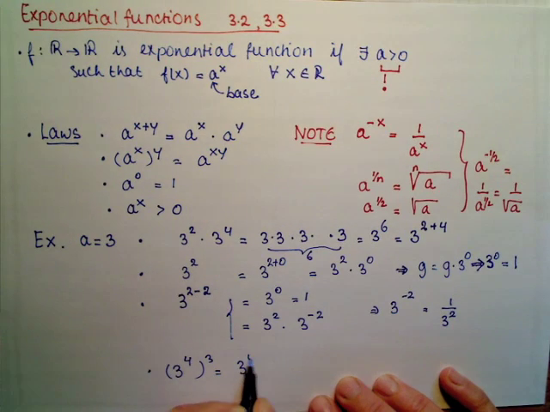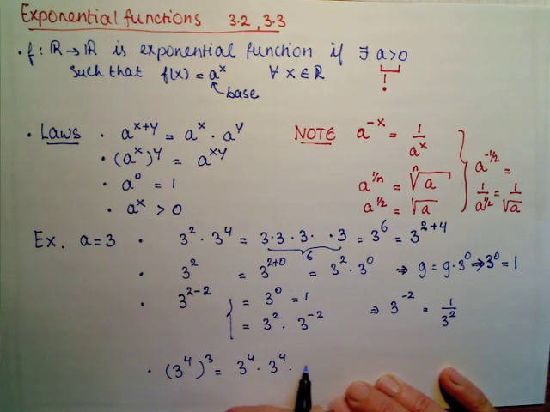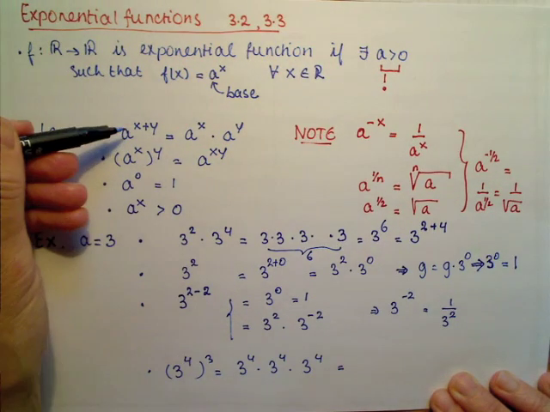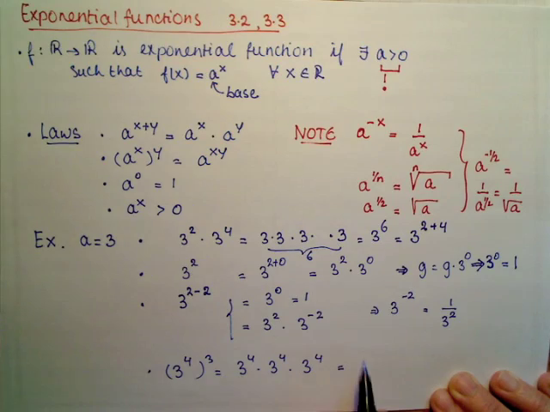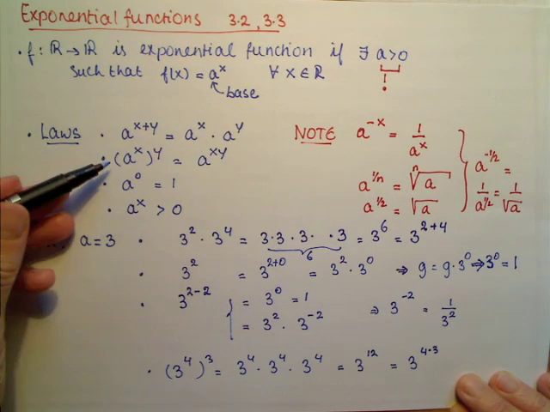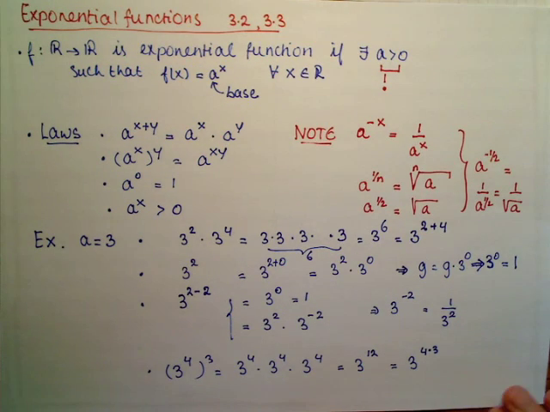By definition this is 3 to the power 4 times 3 to the power 4 times 3 to the power 4. Using our previous law of multiplication, this is 3 to the power 4 plus 4 plus 4, which is 12. And this is the same as 3 to the power 4 times 3, which is again this second law of multiplication. So these are all laws that you should keep in mind.